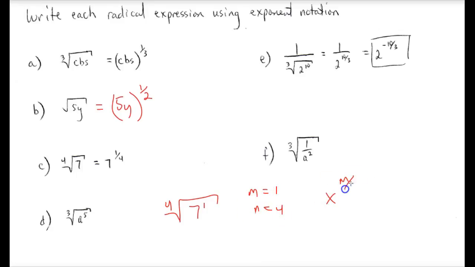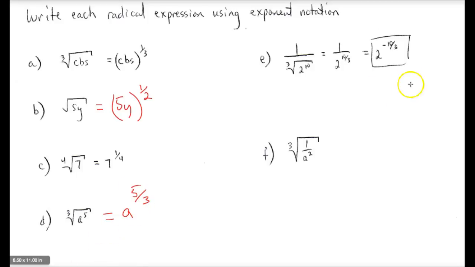So x raised to the m divided by n. Of course, if our x is 7, it would just be 7 raised to the 1/4. And so that's how we get that. Okay, so go ahead and erase this, and we will carry on. So for example D here, this would be a raised to the 5/3 power.